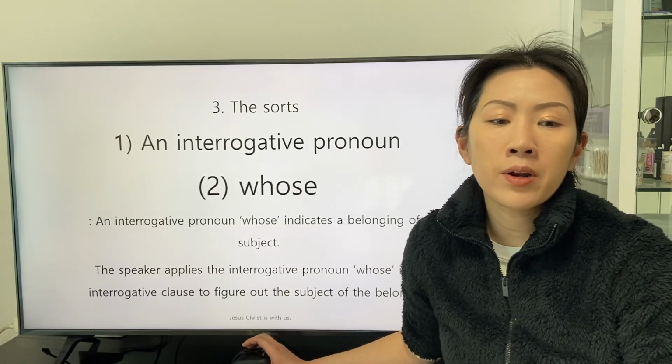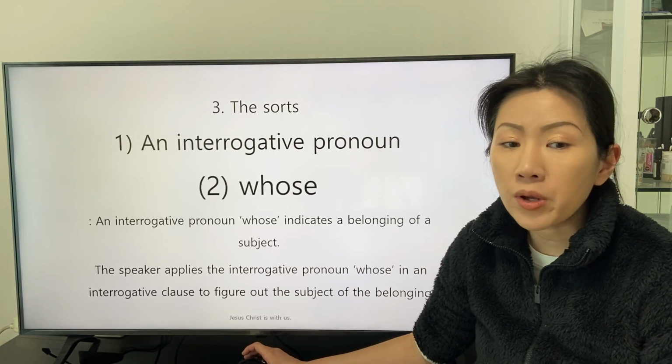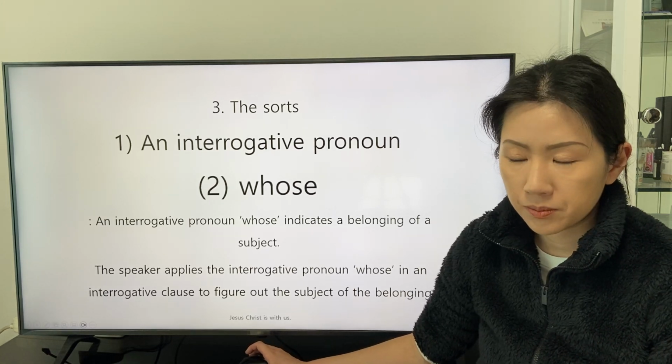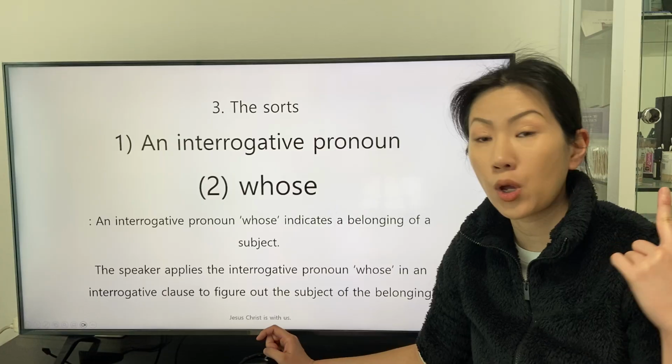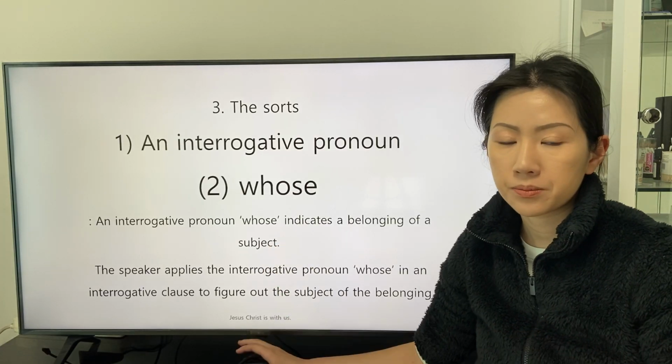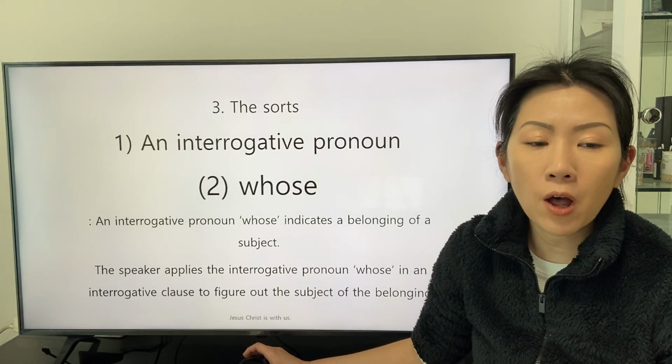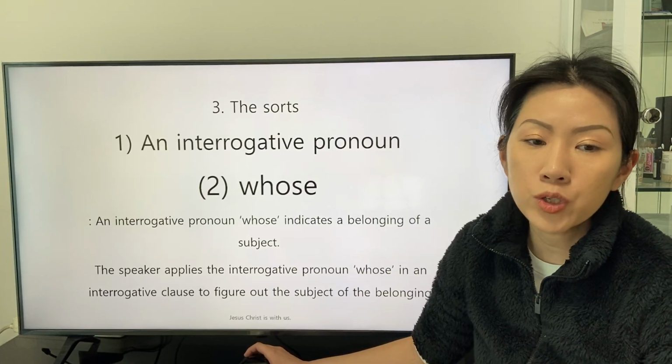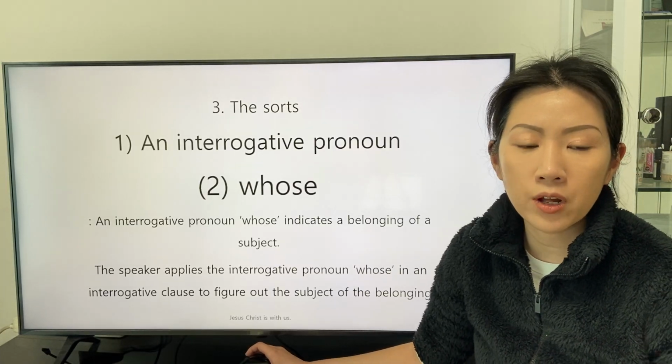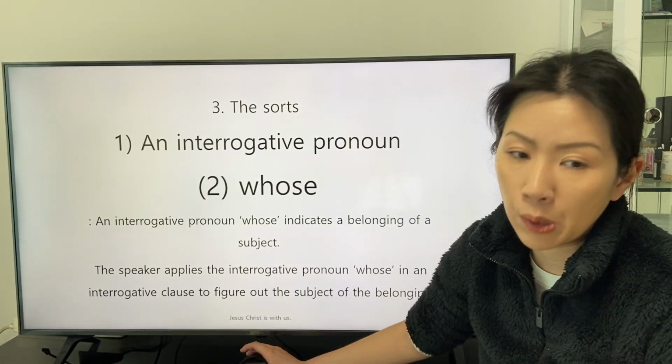An interrogative pronoun whose indicates a belonging of a subject. The speaker intends to know about this subject. The speaker applies the interrogative pronoun whose in an interrogative clause to figure out the subject of the belonging.